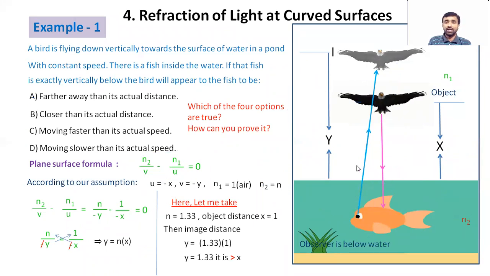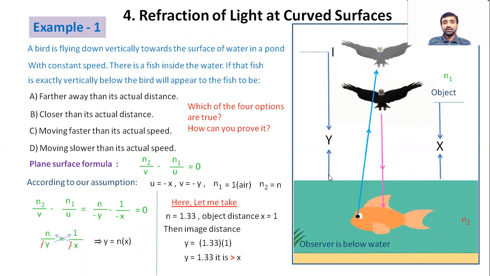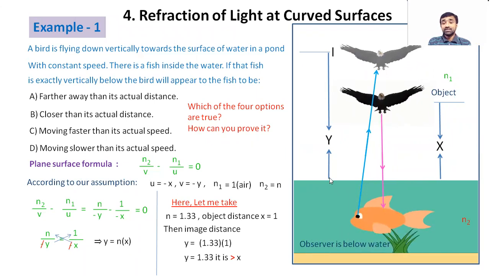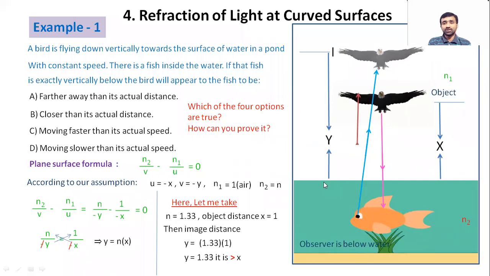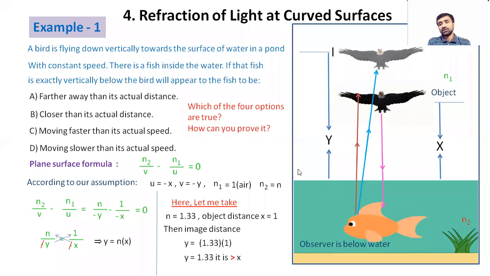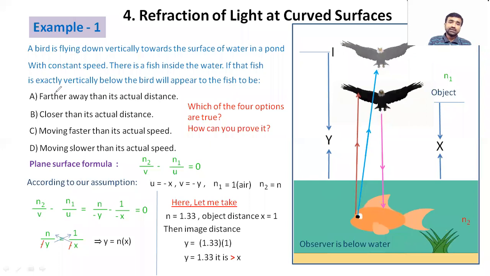This is the information we got from the assumption. So options A and C are both correct for this explanation.